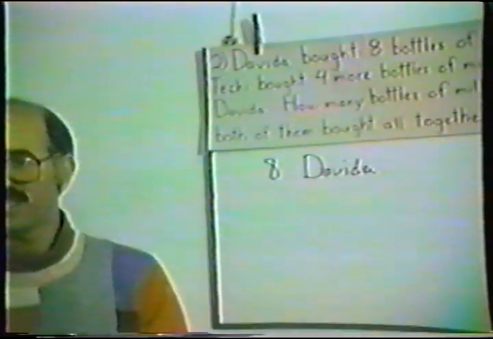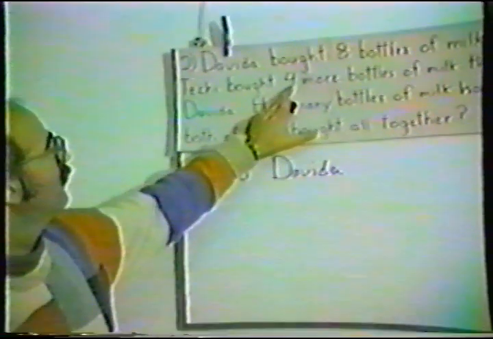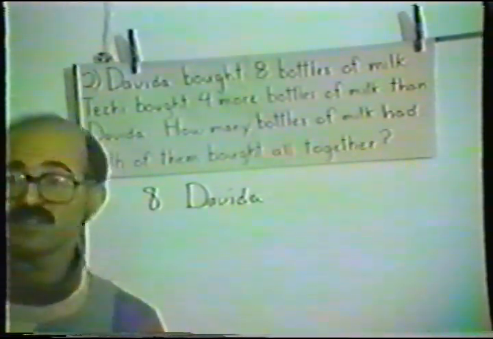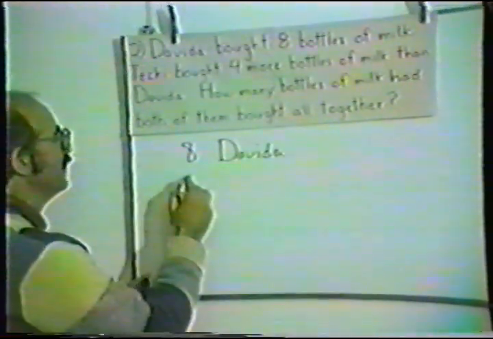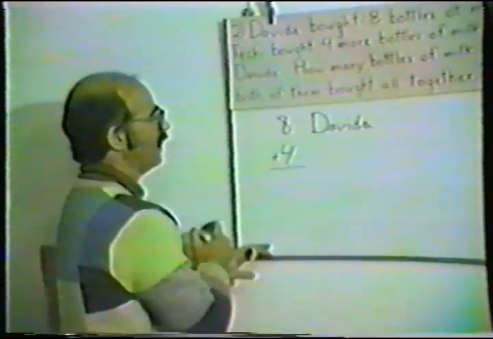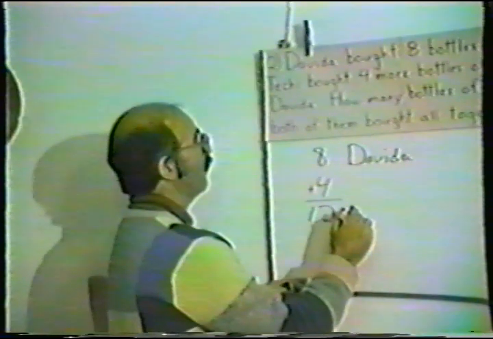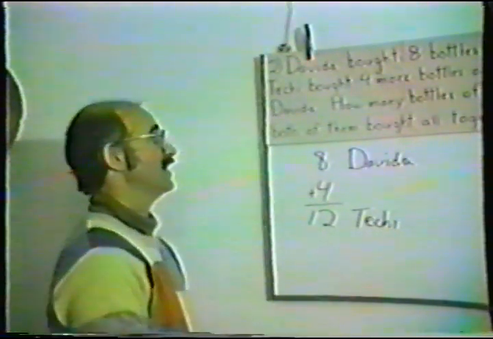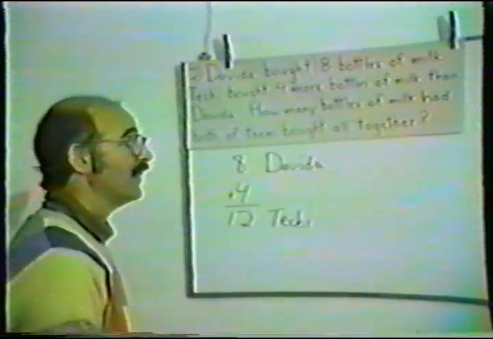How many did Tetchi buy? 4. Not just 4, but 4 more than Davida. Well, let's add the 4 more. 8 plus 4 is? 12. 12 for Tetchi.